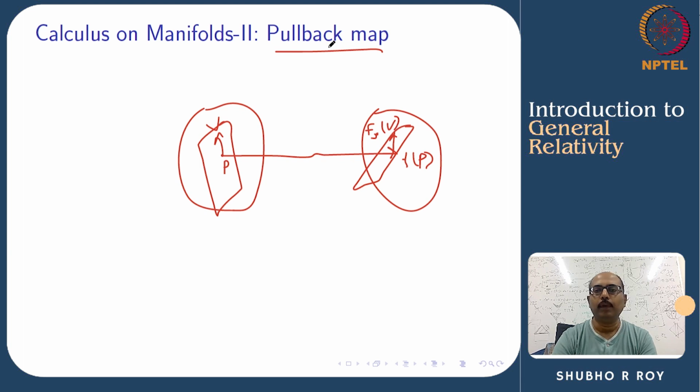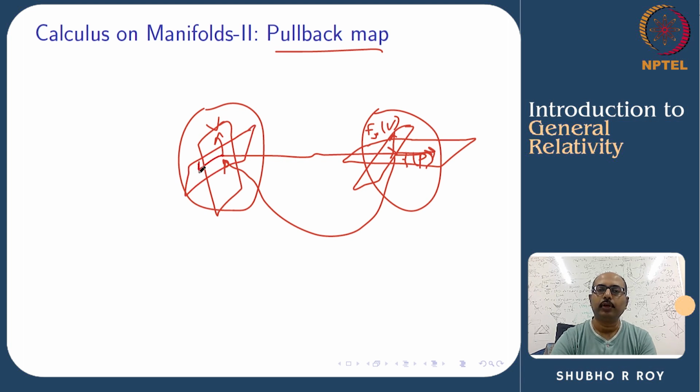And then this pullback map would take a one-form or a covector. Remember, a covector lives in the cotangent space, and you will take, let's say this is the covector, and the pullback map will take you from this one to an element of the cotangent space here.